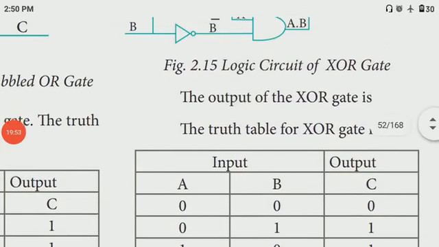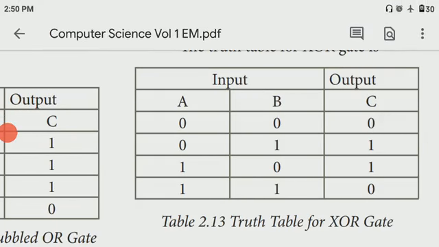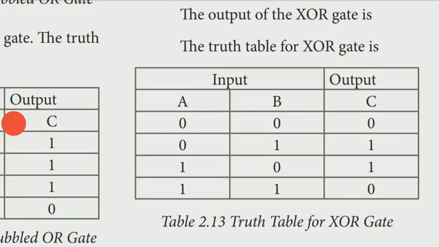And this is the truth table for the XOR gate. See here, both inputs A and B are 0, the result is 0. A input is 0, B input 1, the result is 1. A input 1, B input 0, the result is 1.